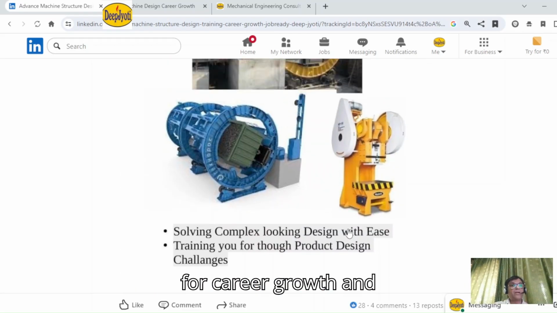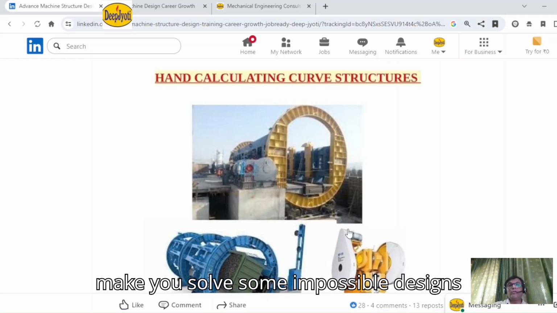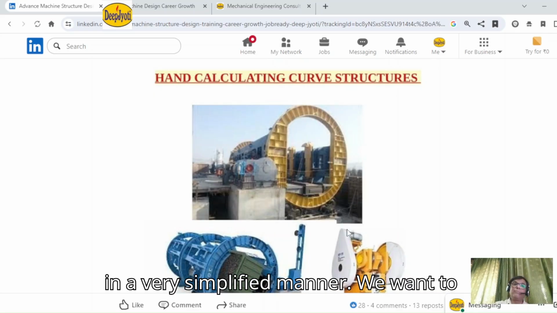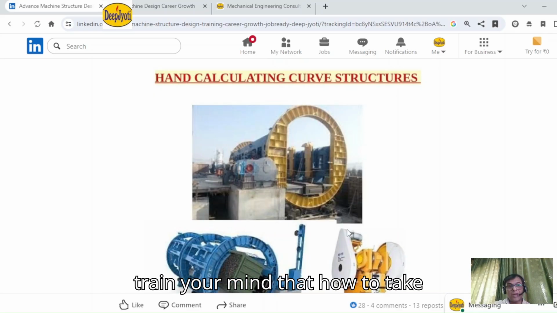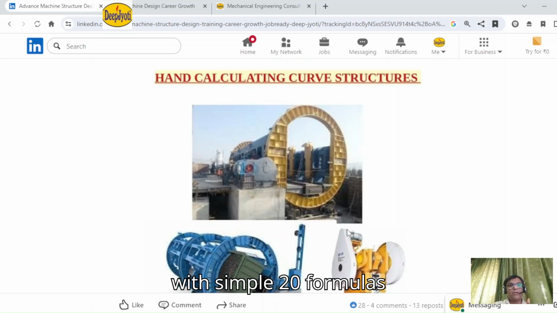Here, everybody comes for career growth and core design answers. We make you solve some impossible designs in a very simplified manner. We want to train your mind how to take decisions to solve complex design with simple 20 formulas only. We don't use more than 20 formulas in our entire training.